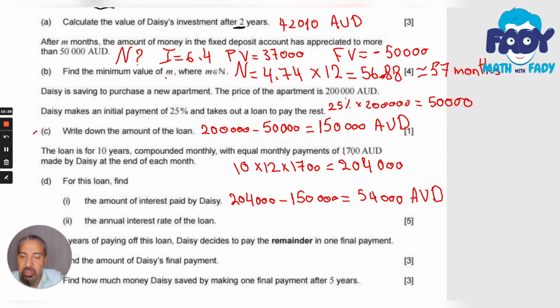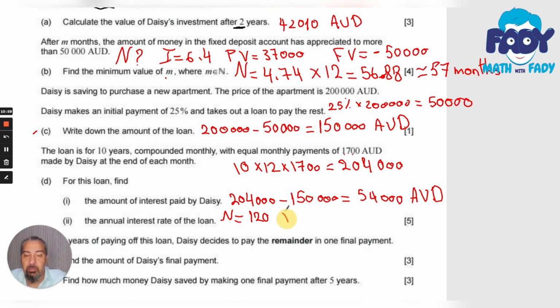Find the annual interest rate of the loan. So here we need to calculate the interest rate, I. So again, we will use the calculator, and N equals, this loan is for 10 years and the payments is monthly. So 10 times 12, this is 120.